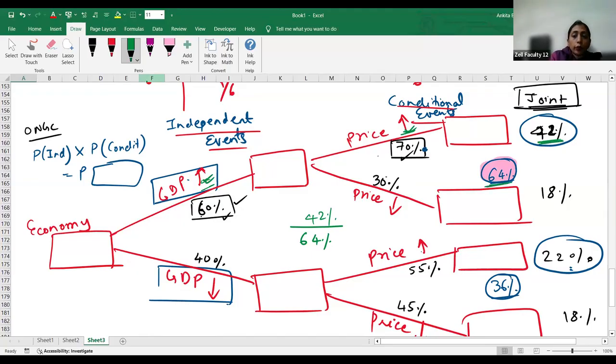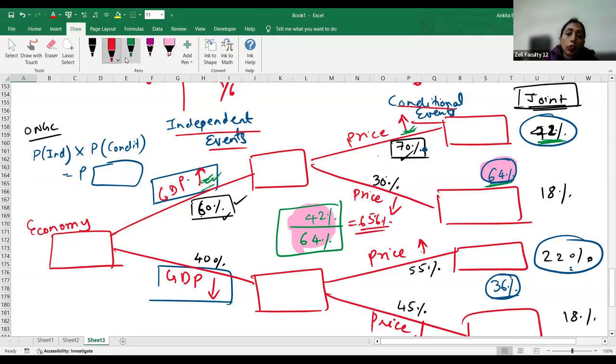Out of total 64%, 42% is the contribution of GDP increase. So you are looking at 42 divided by 64, which is approximately 65.6. So 65.6% is the contribution of GDP increase in the total price increase.